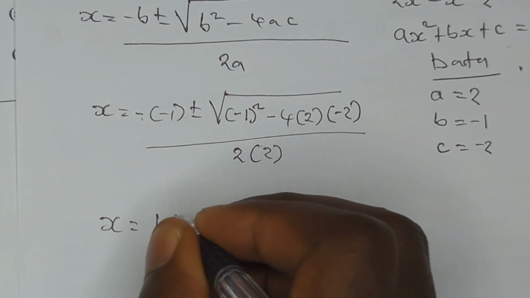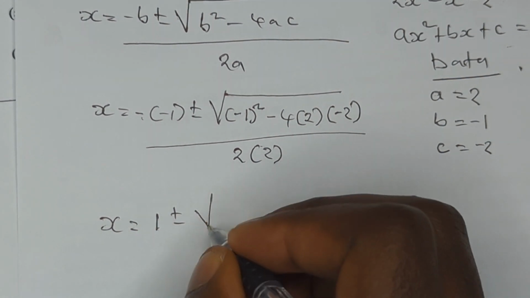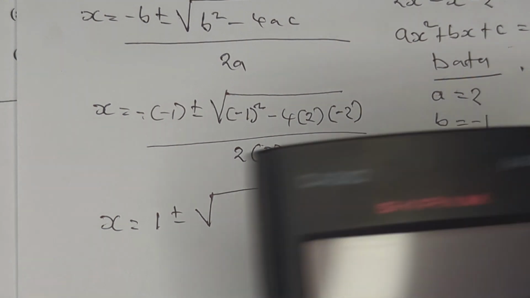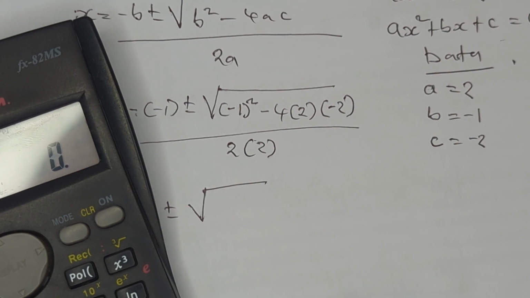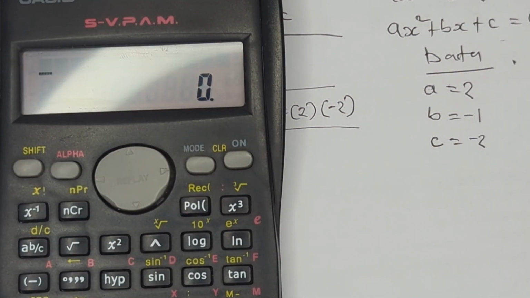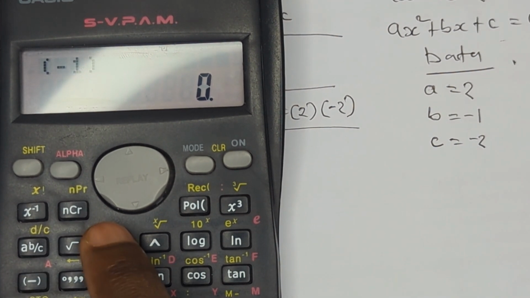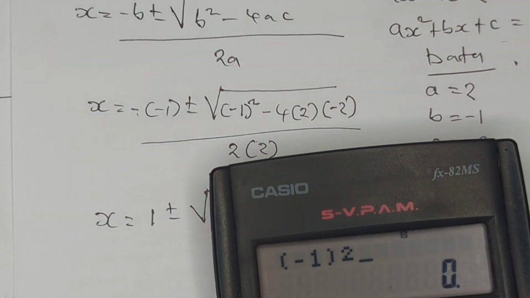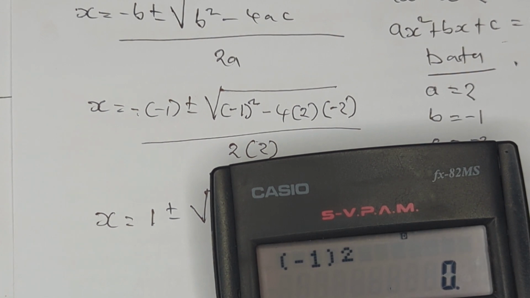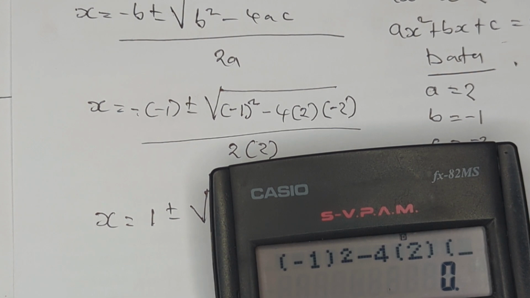So this will be positive 1 plus or minus the square root of, so if we punch the figures inside there, inside the square root, we have negative 1 to the power 2, minus 4, open bracket, 2, close, open bracket, negative 2, close.